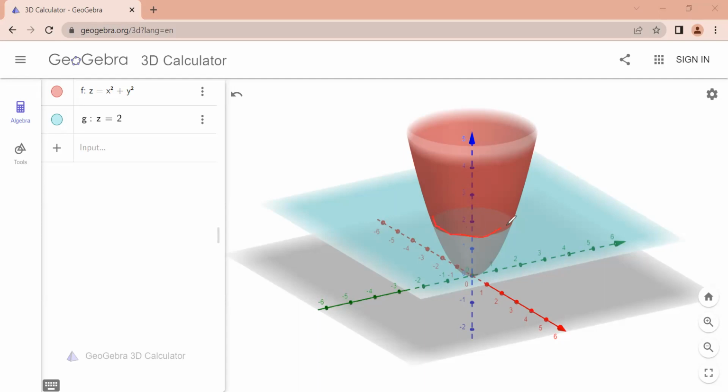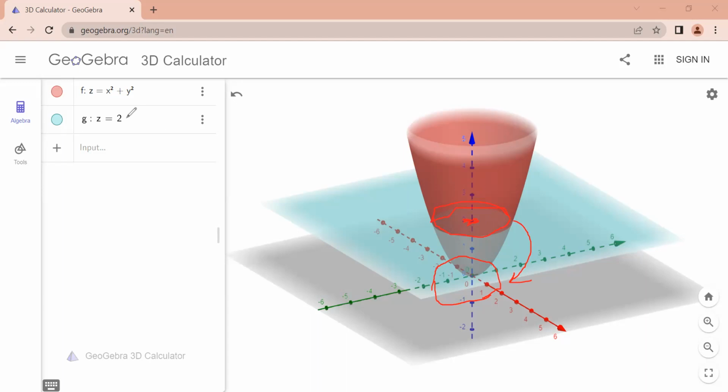We are going to figure out how it looks in the same xy plane. Now we are not considering the z part. When z is equal to 2, we are not going to draw it in this position. Rather, we are going to bring it down to this xy plane. This is known as a level curve.